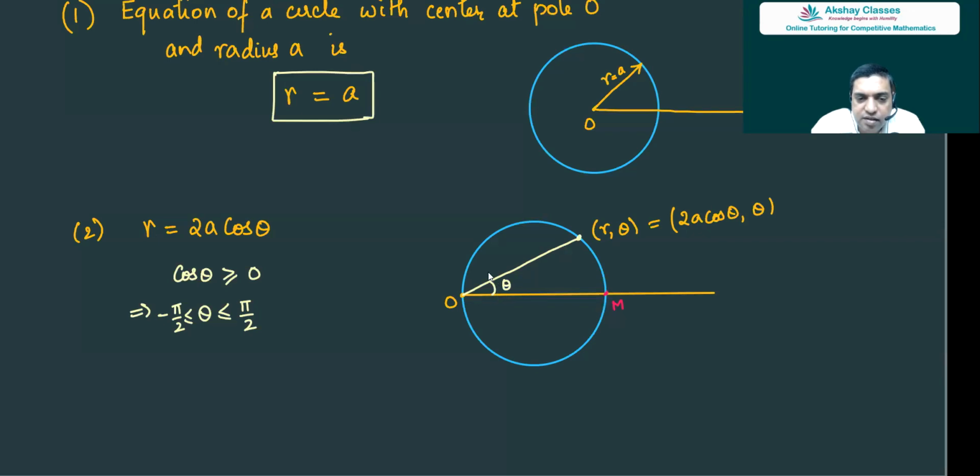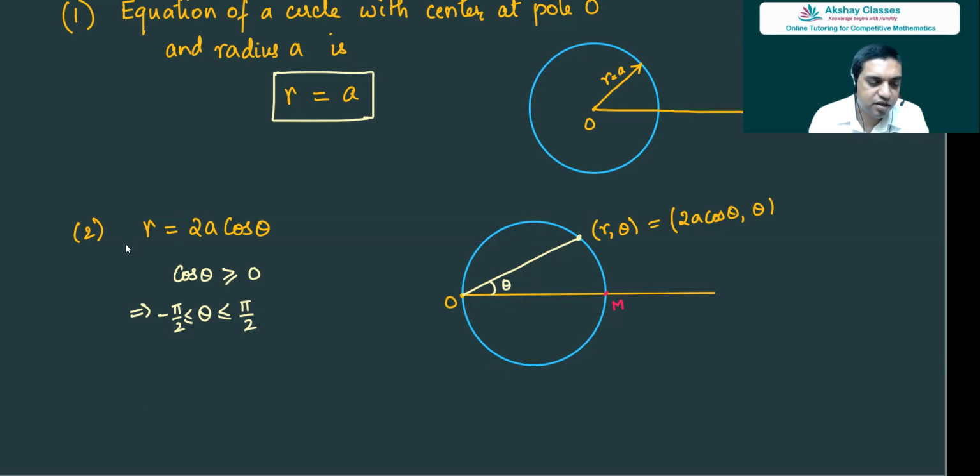As this value keeps changing to pi by 2, the value of R is 0. And from minus pi by 2 to 0, 0 to pi by 2, this is the way theta will vary.